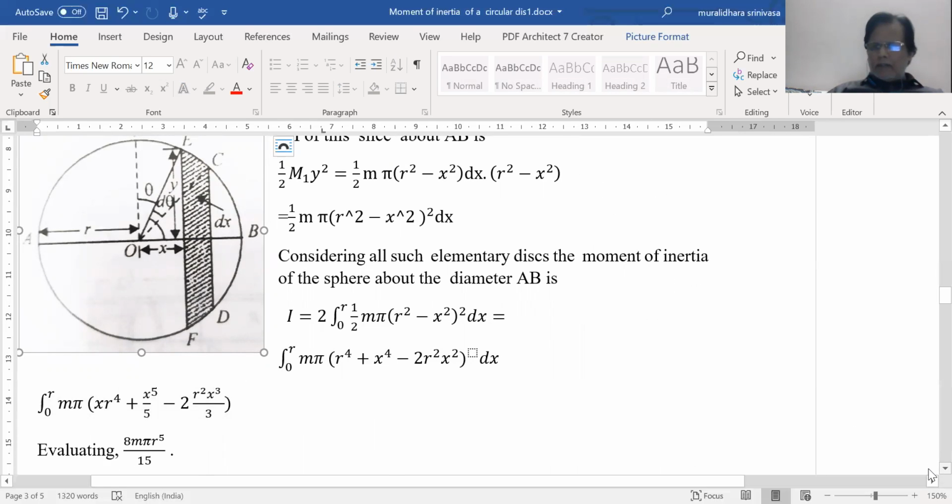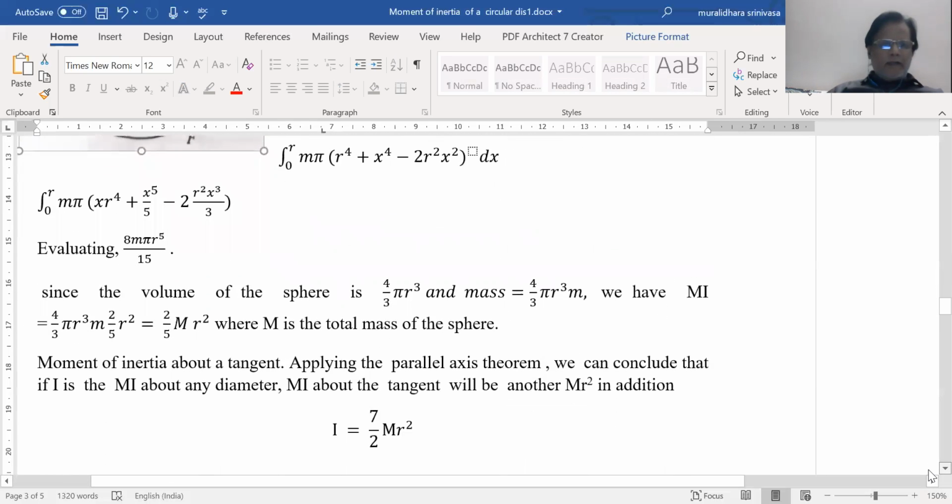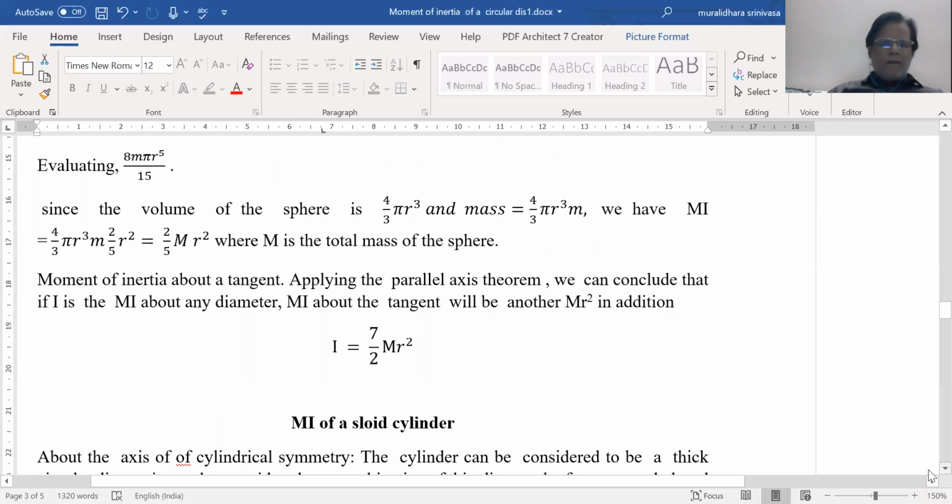So ultimately you get 2 by 5 m r squared, where m is the total mass of the sphere.